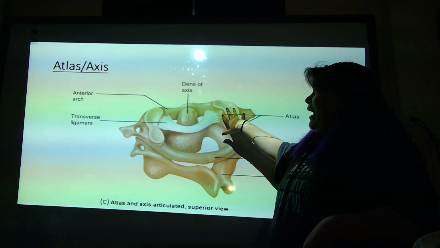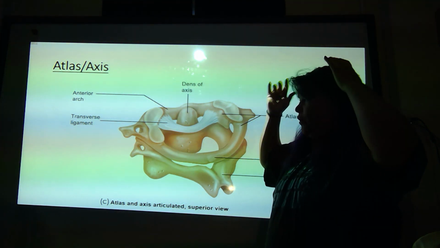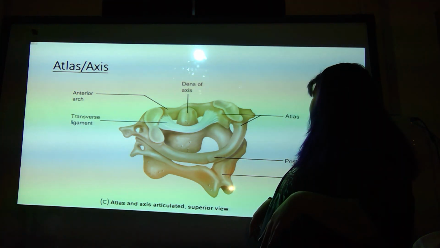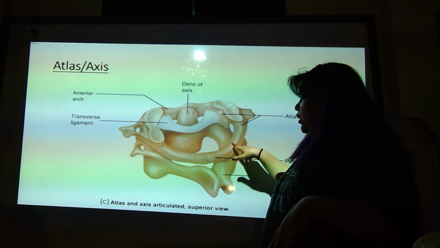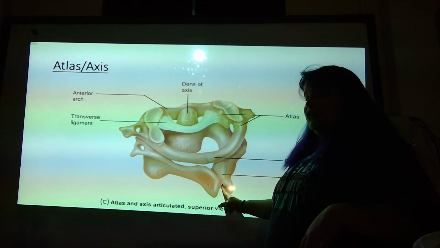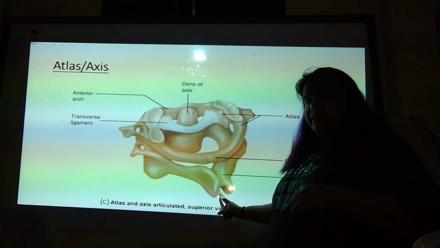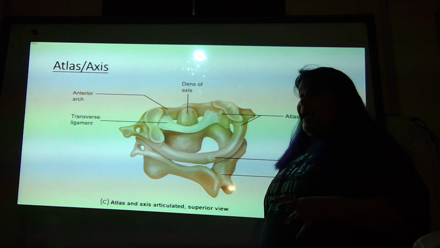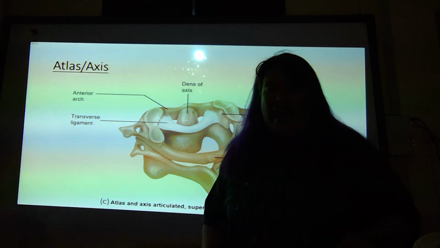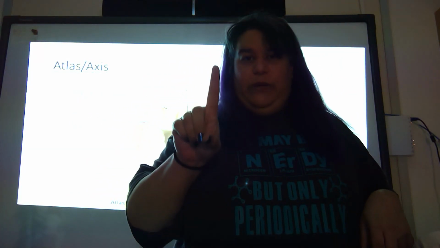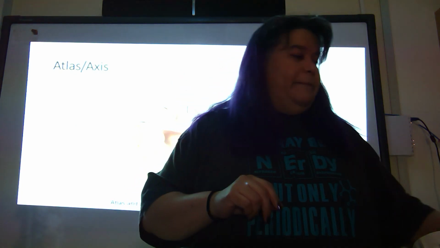You've got atlas holding the world, your skull. You got axis, which allows us to pivot. The posterior arch of atlas. And then you've got the spinous process, the bifid spinous process of axis. Say axis, atlas, axis, atlas. It's hard to do. Okay, so those are the first two cervical vertebrae. They're C1 and C2.